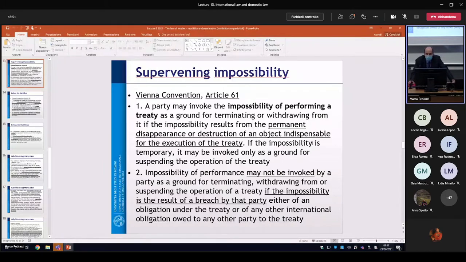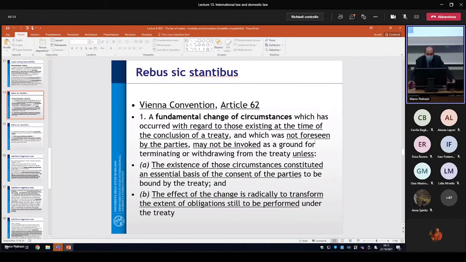A party may invoke the impossibility of performing a treaty if the impossibility results from the permanent disappearance or destruction of an object indispensable for the execution of the treaty. We mentioned examples of real objects, of concrete objects.